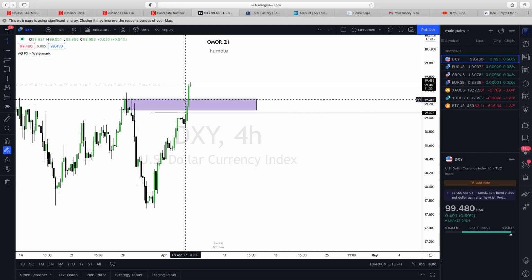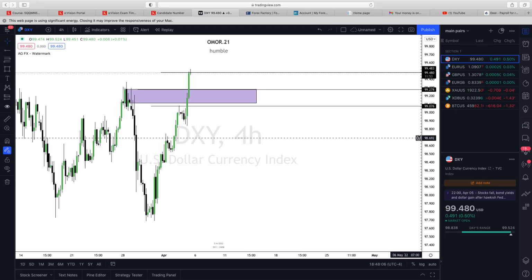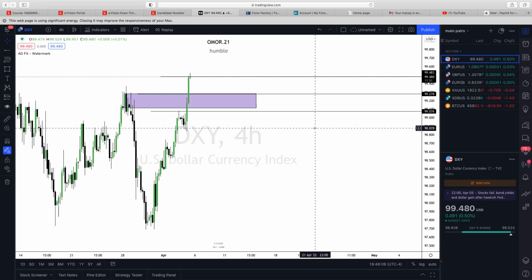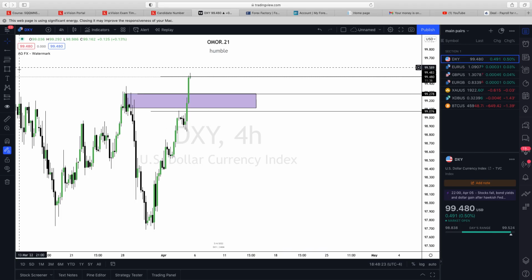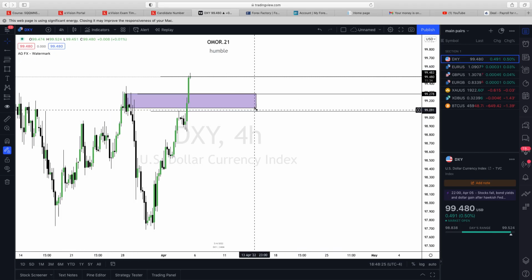If this doesn't prove to you that the market is algorithmic and that all these breakers and imbalances work in line together, there's nothing else I can prove to you, because the midway of the imbalance, which is called consequent encroachment, and we label that as CE, right?